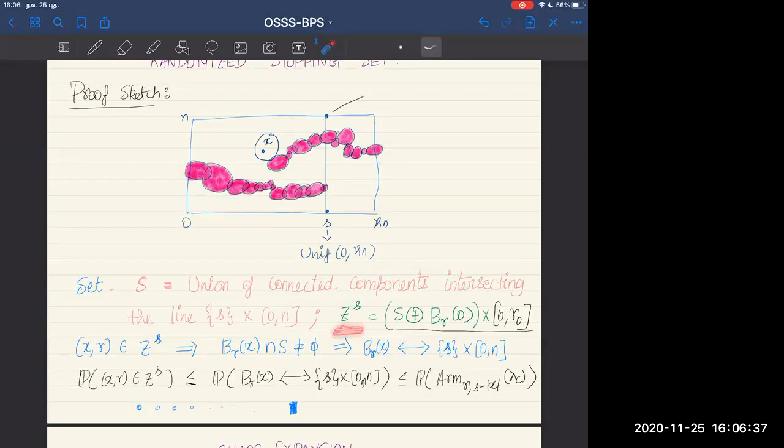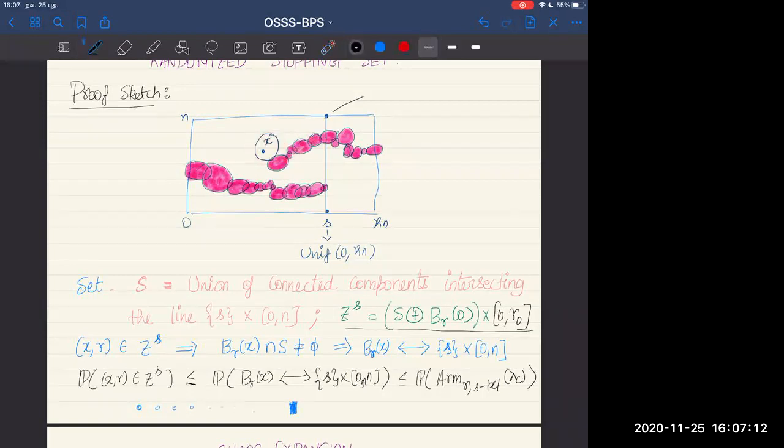Similarly, I can easily bound when X belongs to ZS: it is when BRX intersects S is non-empty, which means from BRX I have a path to S. A point X is explored if BRX intersects this line, that is, there is a path from BRX to the line.